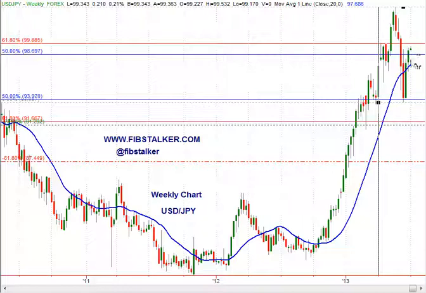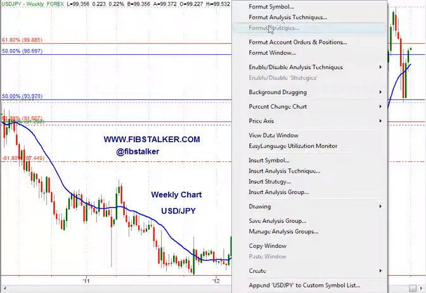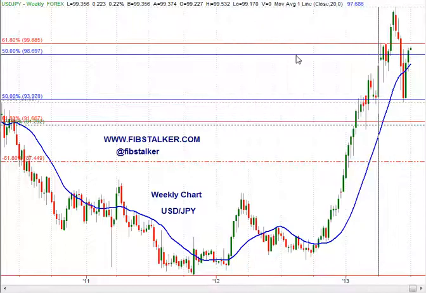So technically, if this 99.89, 99.90 level will be broken on the upside, then we will have a technical confirmation of this new setup starting in the 94 area.